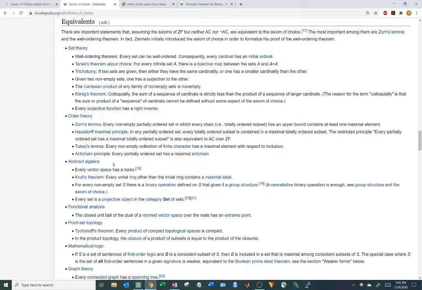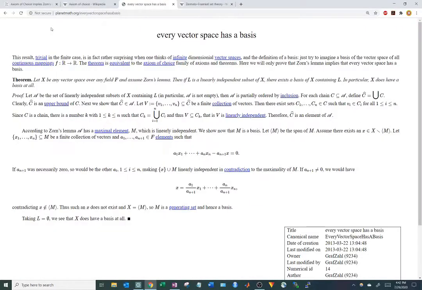And just to get a flavor of this, I found a proof online, and you can just skim through this and get a flavor for it. So what you do is you let A be the set of linearly independent subsets of X. And for every totally ordered subset, you take their union to get an upper bound. So basically, for your basis, you want a maximal linearly independent subset.